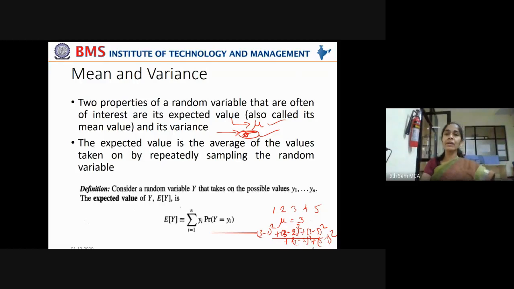What are we doing here? We are calculating each data point's deviation or difference from the average, squaring that difference, adding them up, and dividing by the number of data points. Here the number of data points is 5. That will give you the variance.